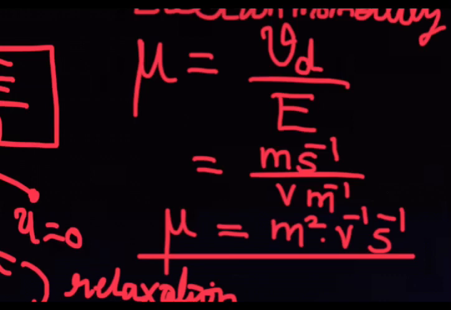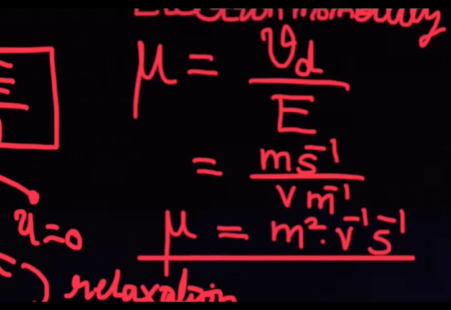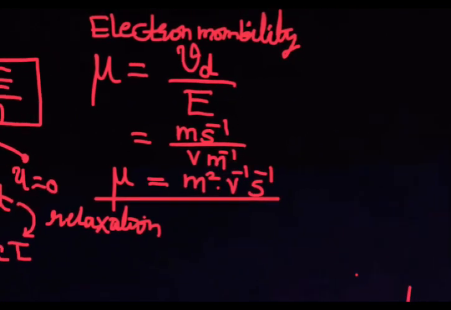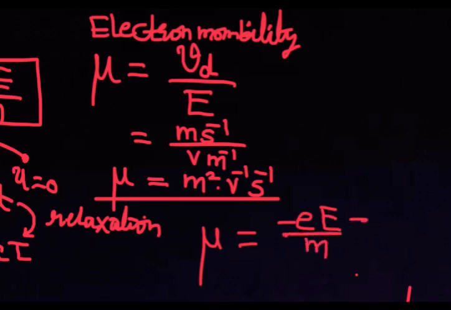Can you define electric mobility in terms of relaxation time? Yes, you can replace Vd. So mu is equal to Vd divided by E. What is Vd? Just now we have derived that Vd is minus E by m into tau, whole divided by E. So this E gets cancelled.